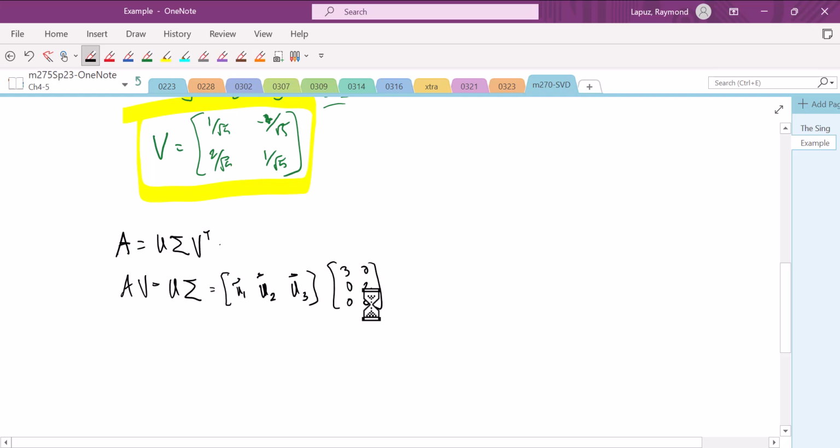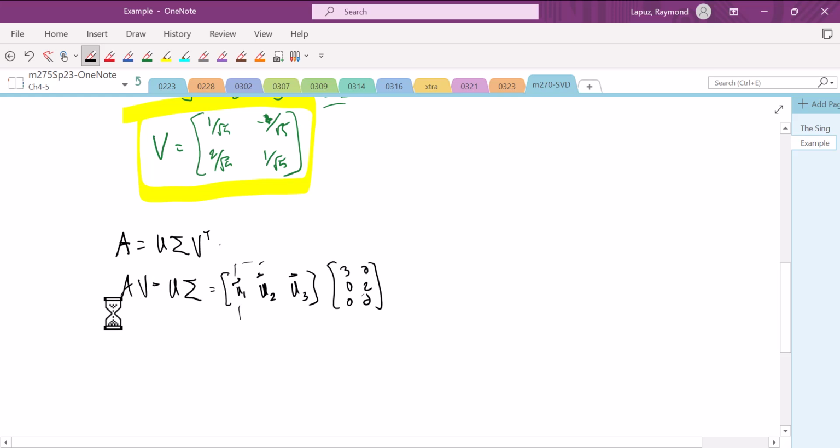And so if we do the matrix multiplication here, U is going to be a 3 by 3, with 3 columns. Then each of these columns would be multiplied by sigma, and we're going to get a 3 by 2 matrix here.